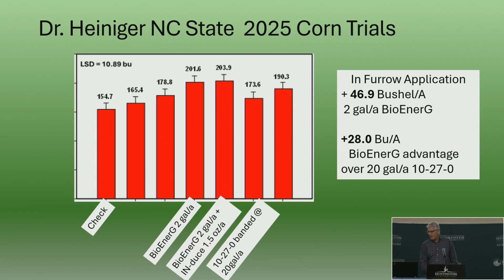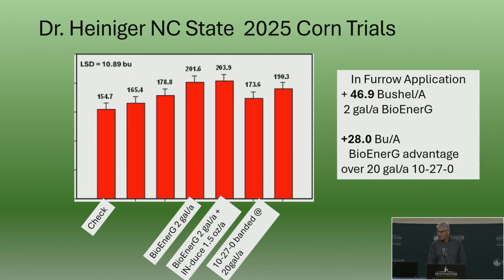Here's the work of Dr. Heininger again at North Carolina State. 2 gallons in furrow, added 46.9 bushels. What's interesting, they found over the years that even though a lot of their soils have high phosphorus because of all the hogs and chickens there in North Carolina, that to get a good crop, their standard practice is to apply 20 gallons of 10-20-7-0.